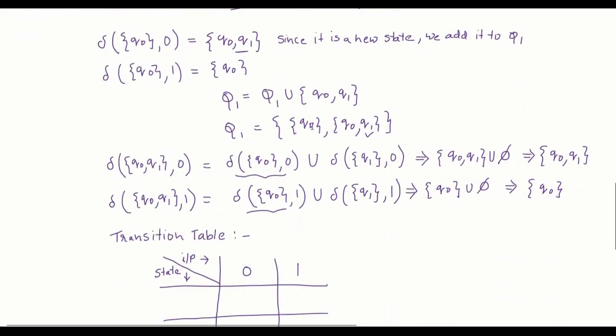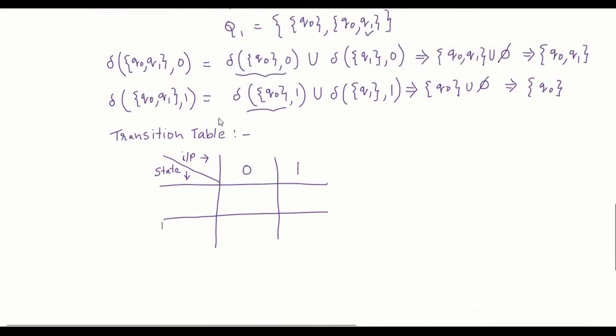Is Q1 present in Q0? No. So Q0 cannot be made a final state. Is Q1 present in the subset Q0 Q1? Yes. So this whole subset is made a final state of the resultant DFA. Okay. So we know that Q0 is the initial state, and in the transition table we use an arrow to show the initial state, and we have just found out that Q0 Q1 is the final state of the DFA.